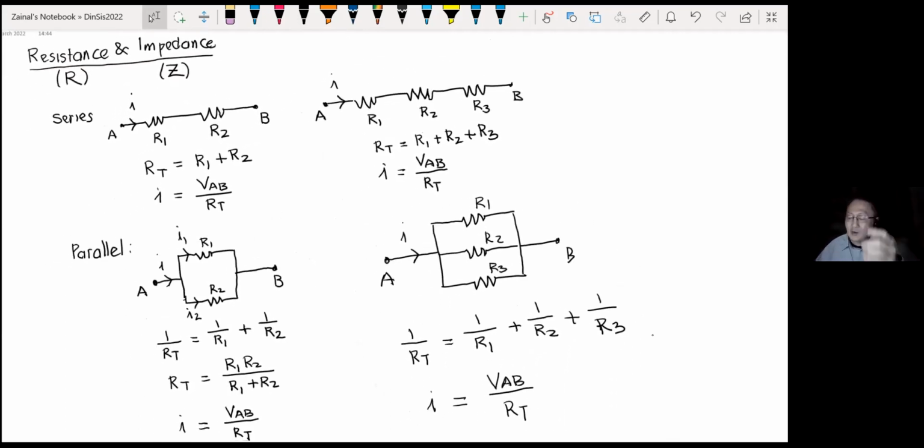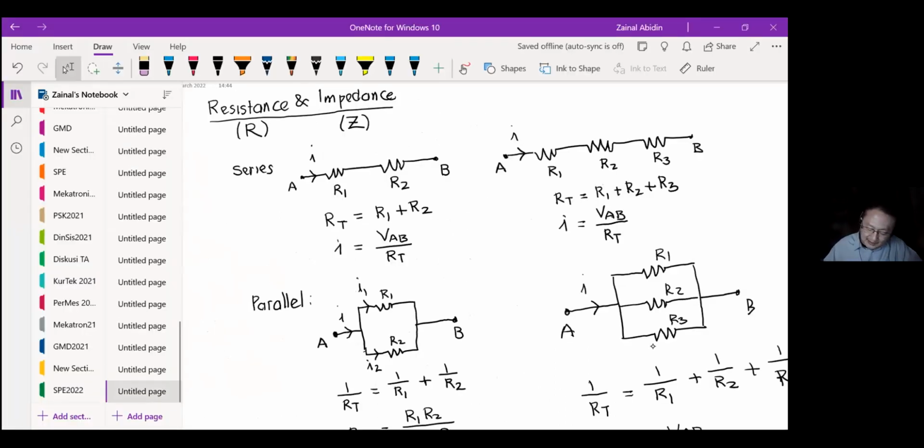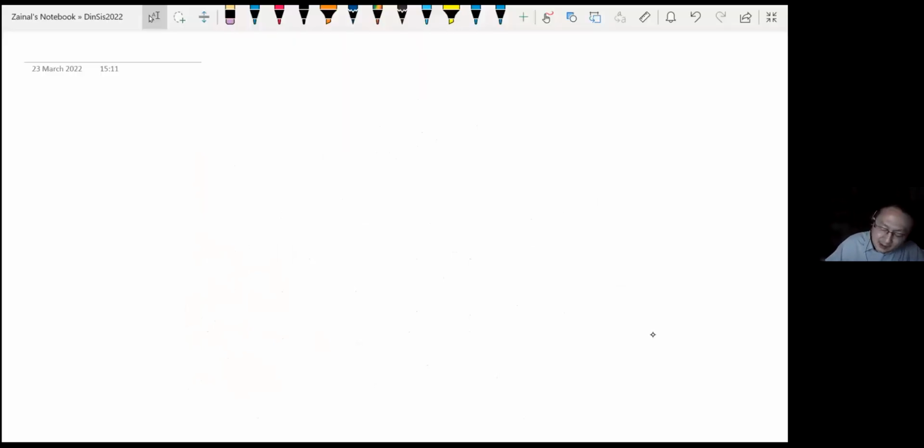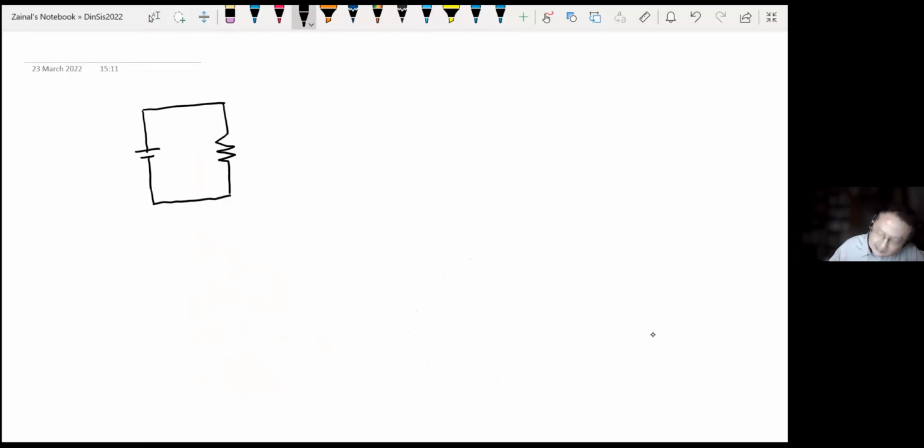Okay, now I want to repeat or review a little bit about inductance. Look, if I have this one, and this one is resistance.